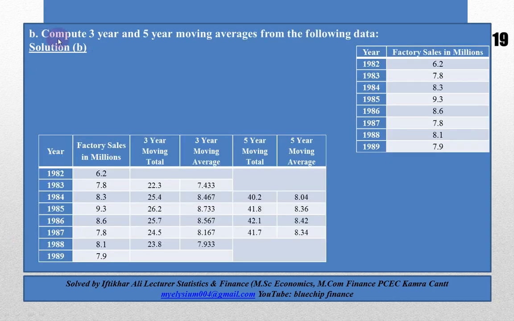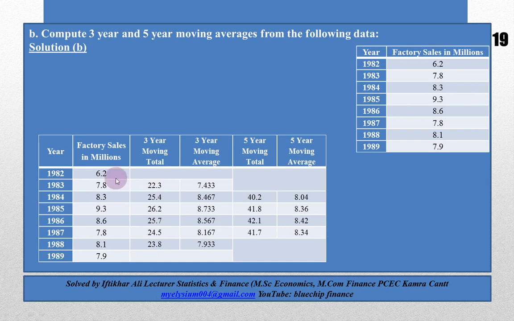In part B, compute 3-year and 5-year moving averages from the following data. First of all, when we calculate the 3-year moving average, subtract 1 from 3 and the remainder will be 2, and half of 2 is 1. So leave 1 row from the top and 1 row from the bottom, and add up 3 values one by one. 6.2 plus 7.8 plus 8.3 equals 22.3.